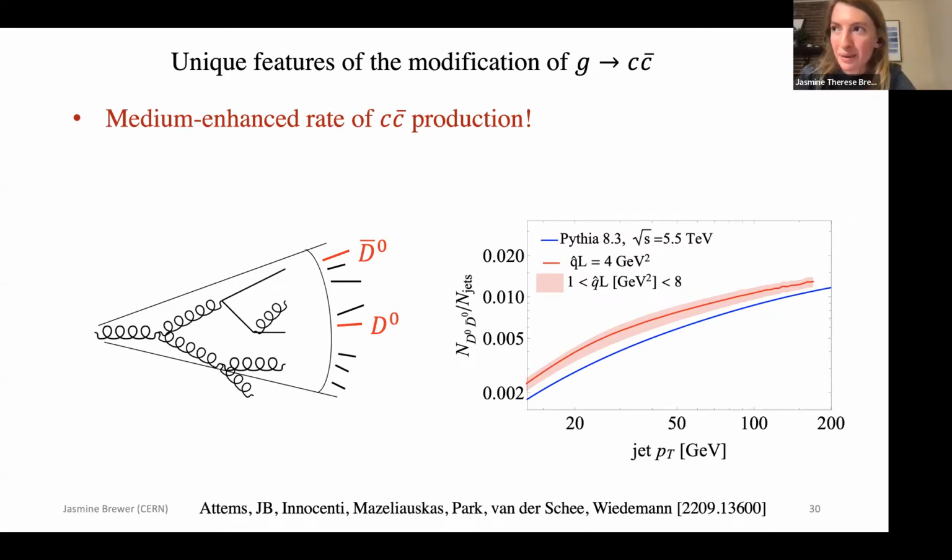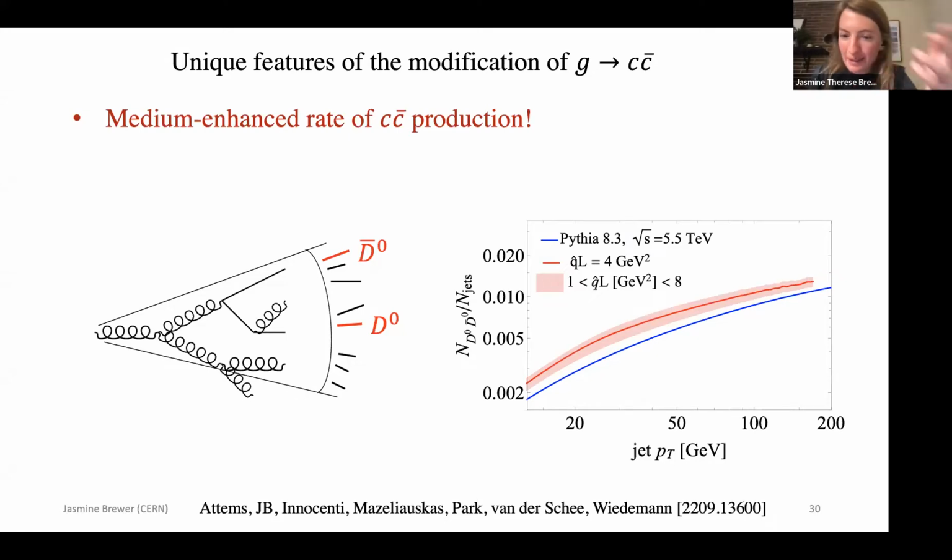And so we went through 6 months of writing a little toy parton shower where we modify all of these splitting functions, also gluon to gluon gluon and quark to quark gluon, to try to estimate the impact of these modifications on the gluons that could split to CC bar pairs. That was to address the question of what else could happen to that gluon where it didn't end up splitting to a CC bar pair.